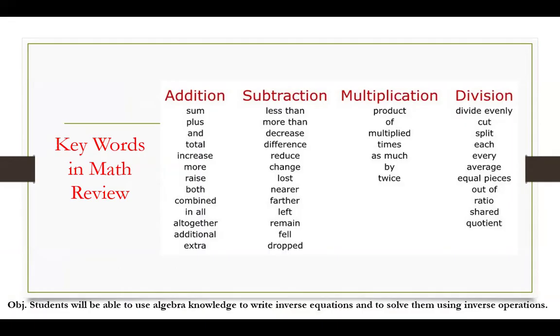Quotient is the solution to a division problem. Yep. Your quotient is the solution to your division problem. Your product is your solution to a multiplication problem. Your difference is a solution to a subtraction problem, and your sum is a solution to an addition problem.